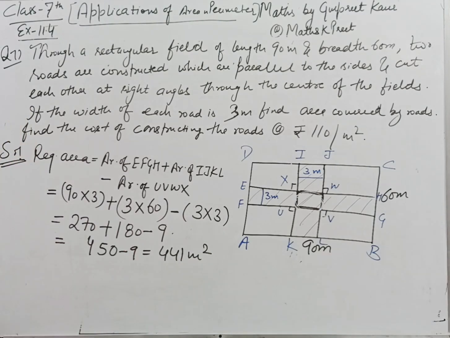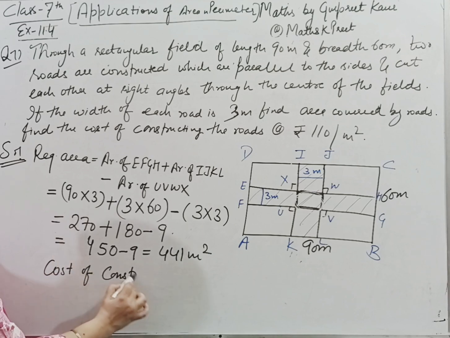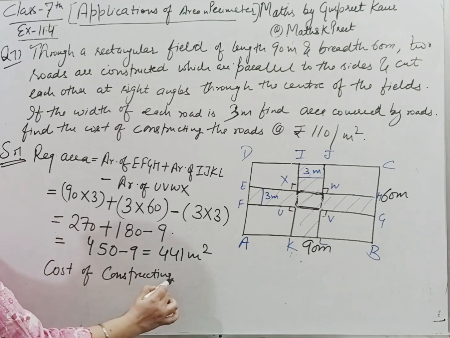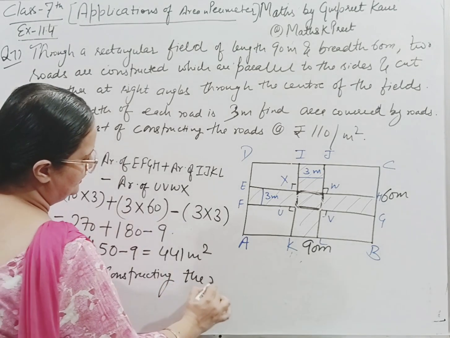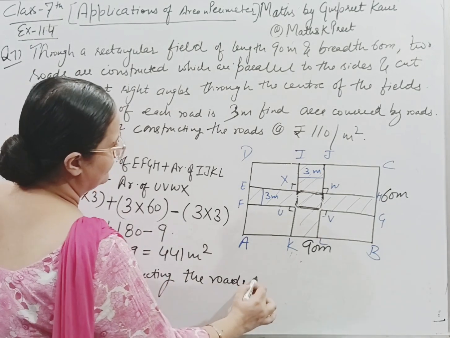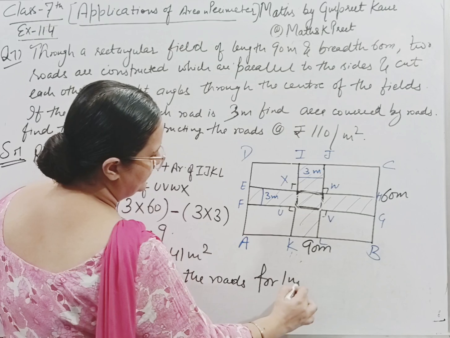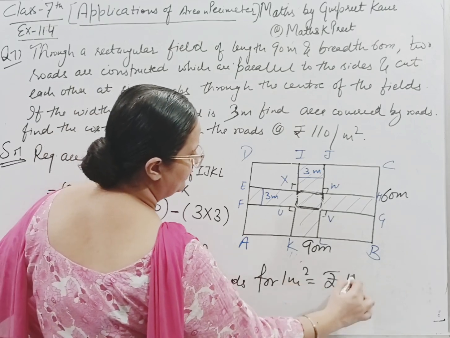Now we find the cost of constructing the roads at the rate of rupees 110 per meter square. Similarly, as we have done in the last question, the cost of constructing the roads for 1 meter square is rupees 110.